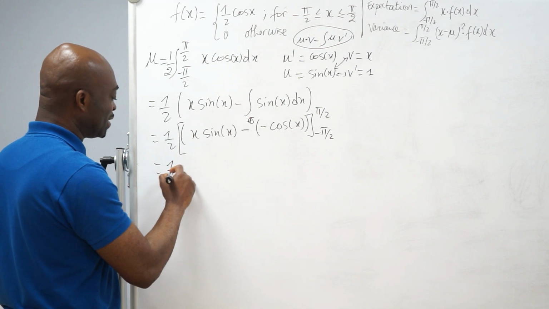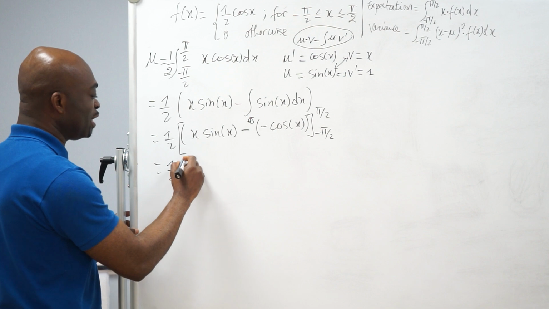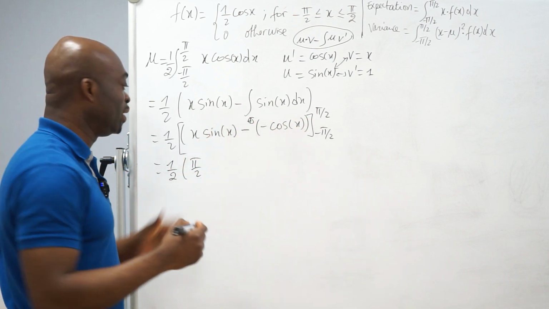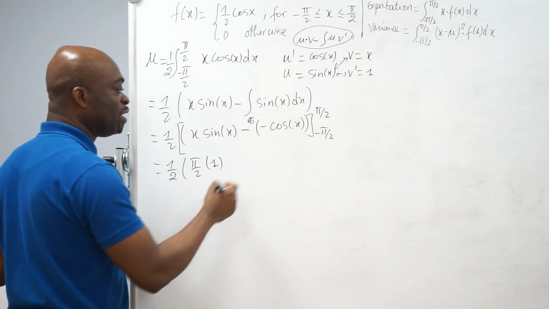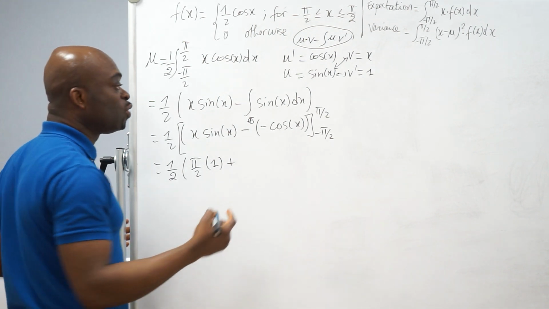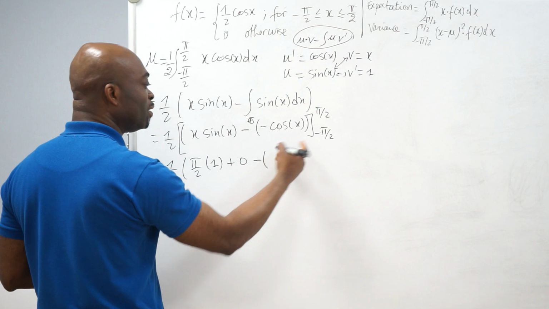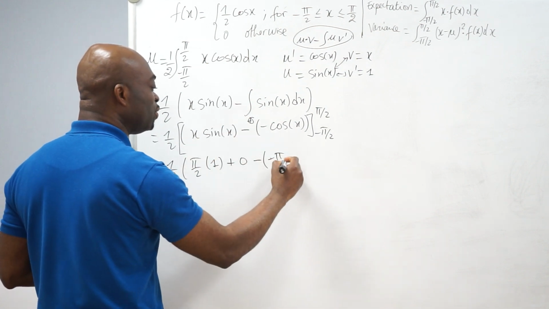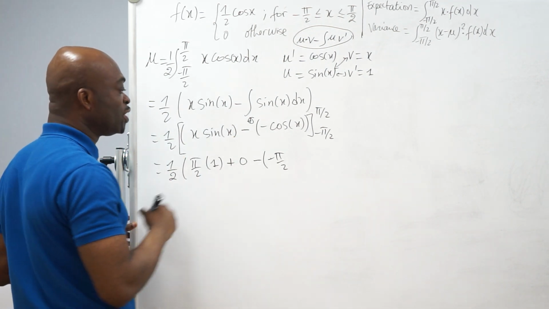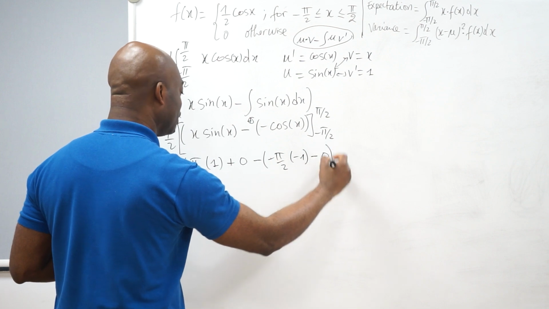So we come down here, this is a half, and now we substitute pi over 2 inside. It's going to give us pi over 2 times sine of pi over 2, which is 1, so we don't need to rewrite it. Then this is a plus cosine of pi over 2, which is 0, minus, now we get to this part here. This one is negative pi over 2, and sine of negative pi over 2 is negative 1, and then minus 0 as well.